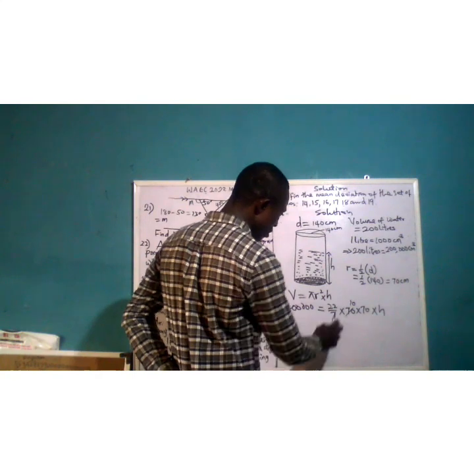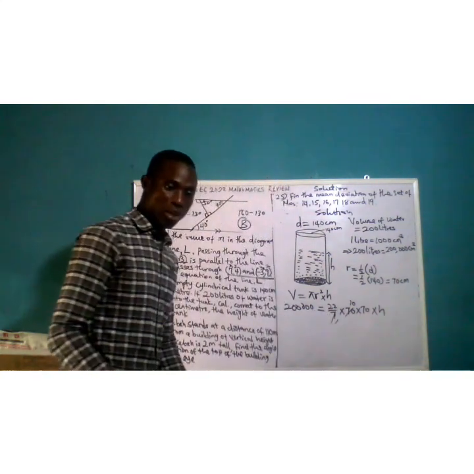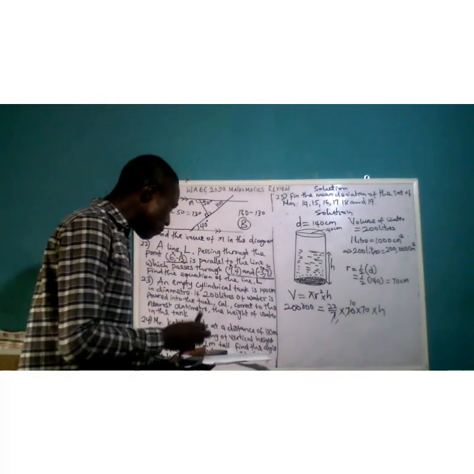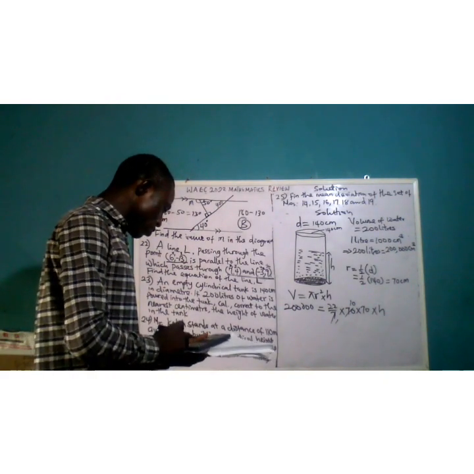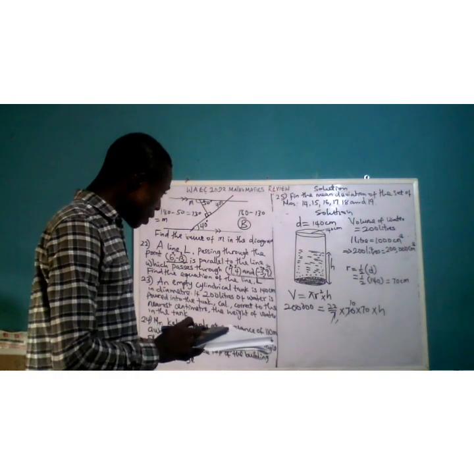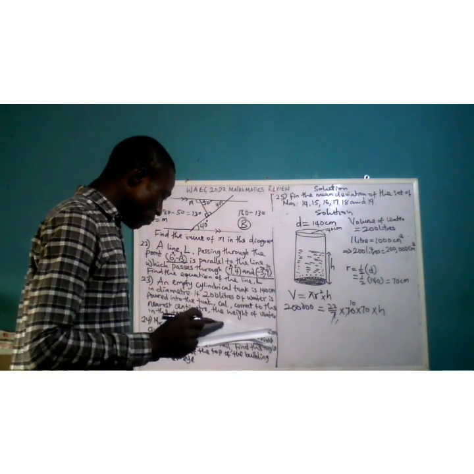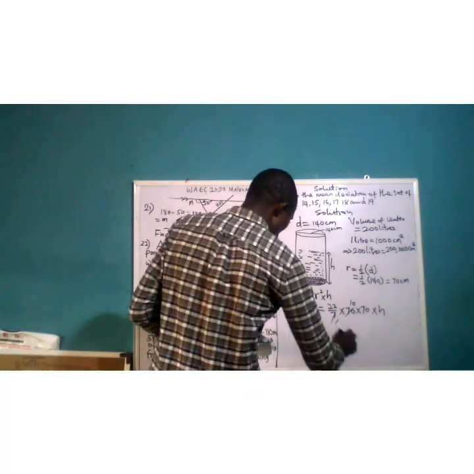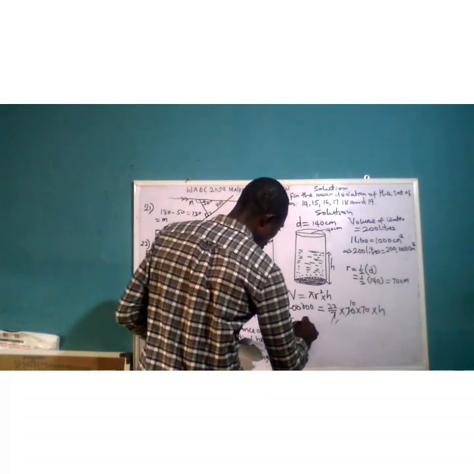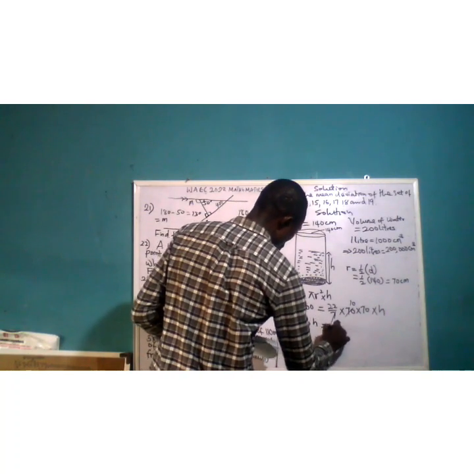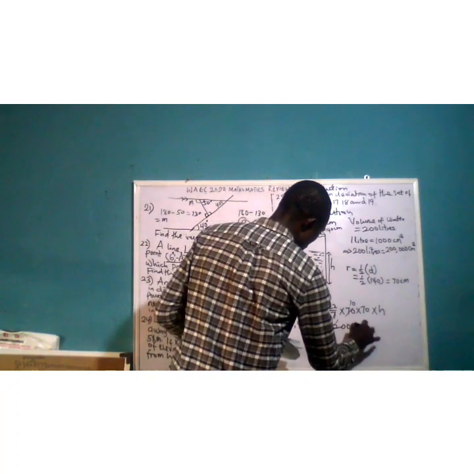So you have 700 multiplied by 22. Let's use calculator. So you have 22 multiplied by 700, that gives you 15,400. So you have 15,400 h equals 200,000.